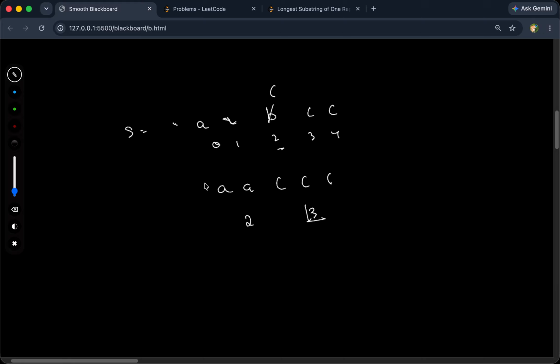For every query we scan the whole string, so roughly it's 100k queries times 100k characters. That's about 10 billion operations. So it is too slow.